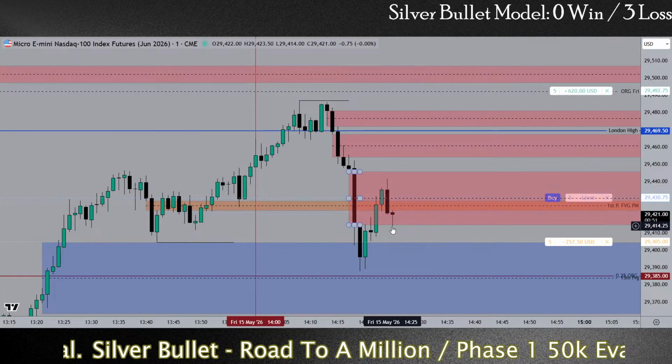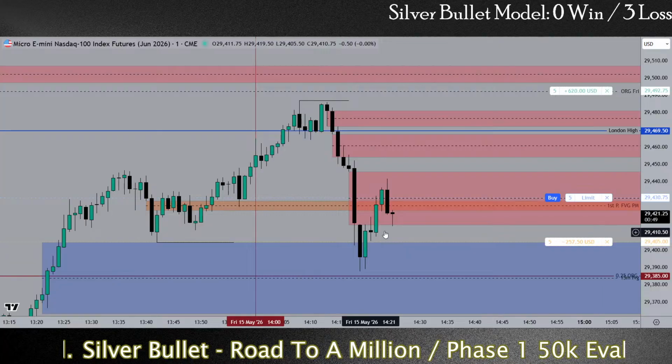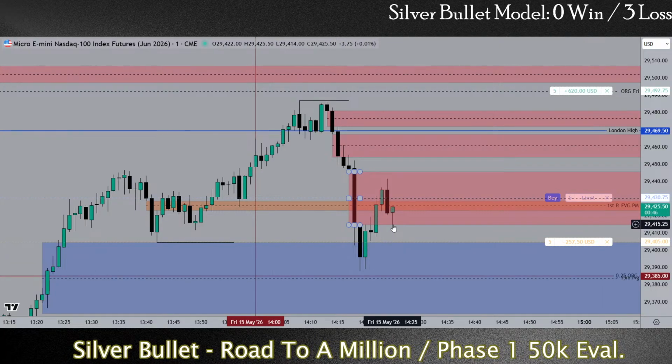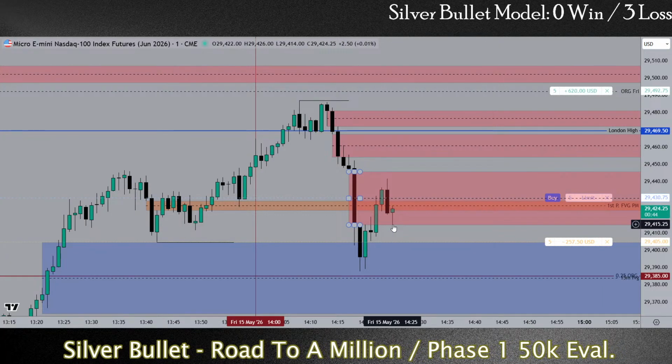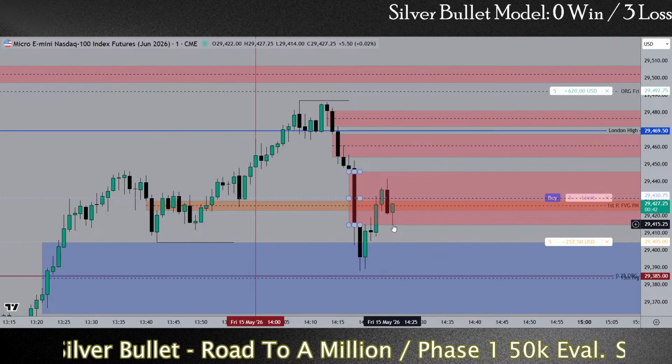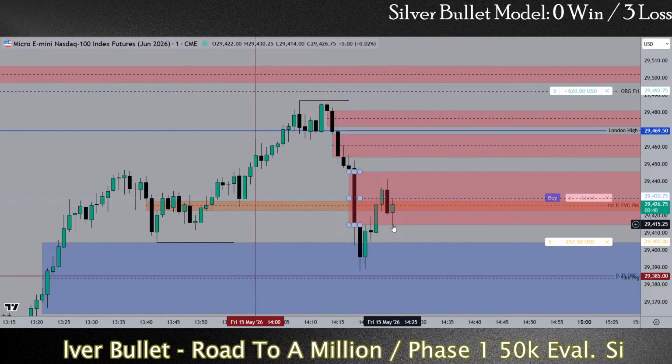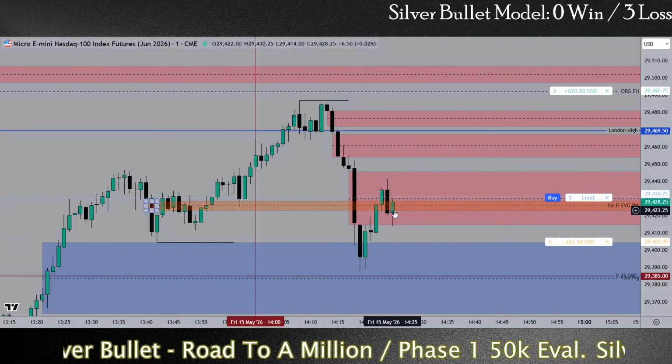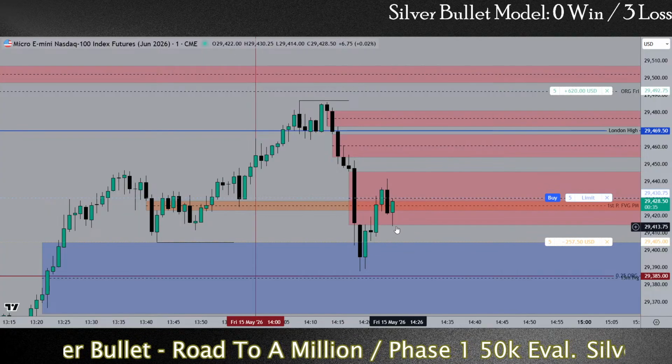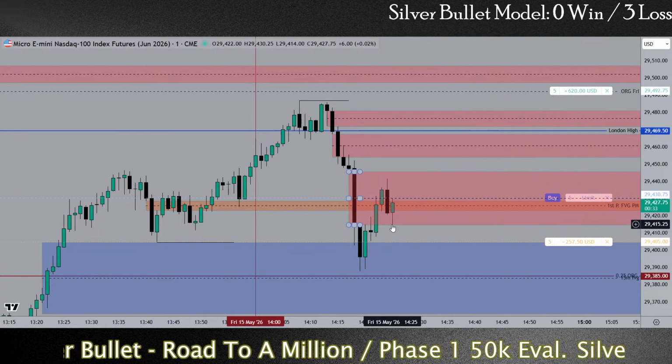All right, now it traded to the low of that SIBI. Let's see if it offers any discount sensitivity here. It does initially, so that's nice, that's interesting.